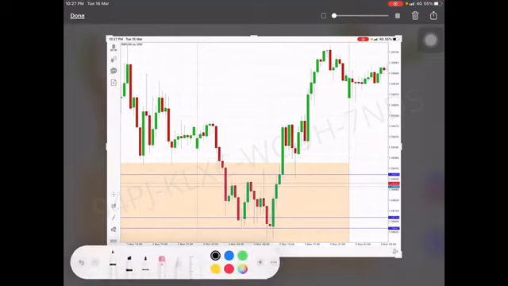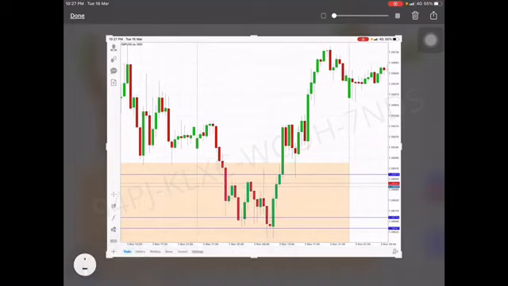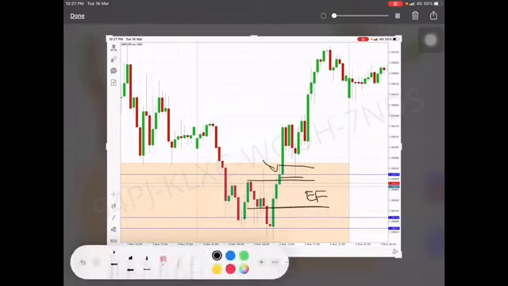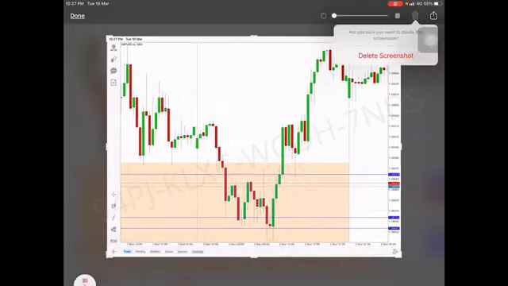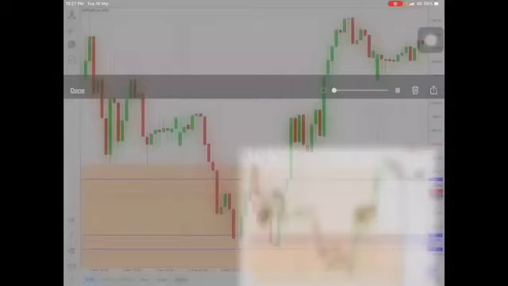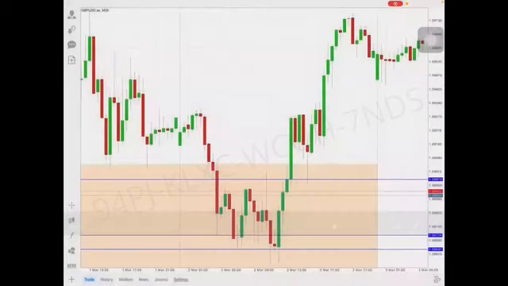Yes, so for entry, there is an EF right here and also a DOM area. Do you see the DOM? This one. This is the DOM. So now we are on entry.